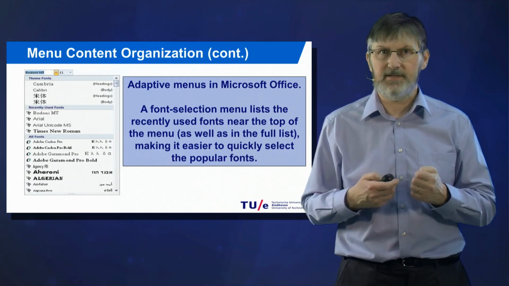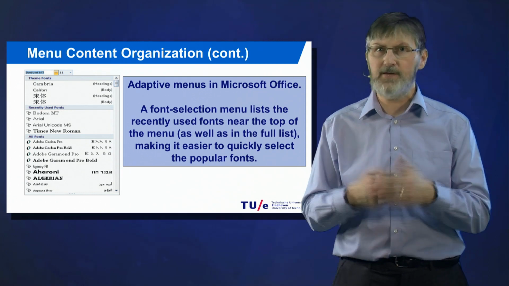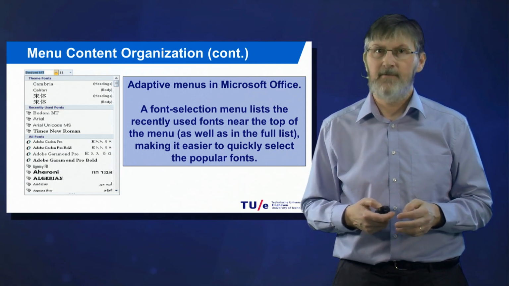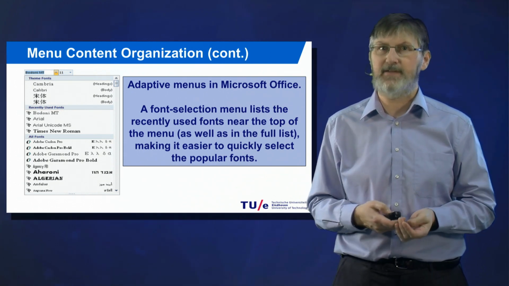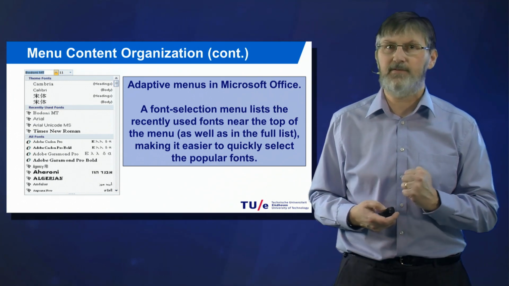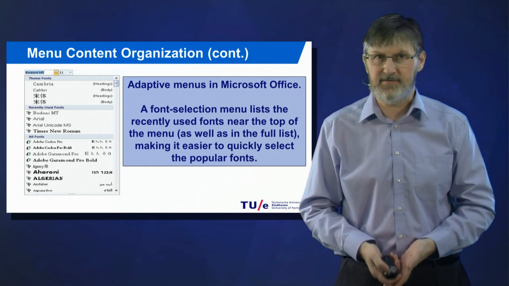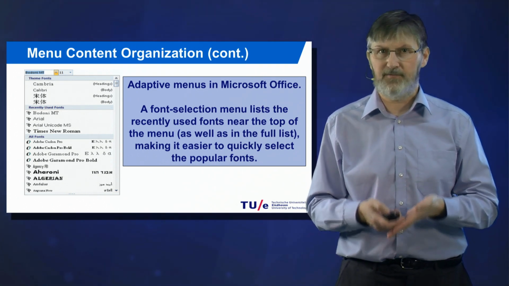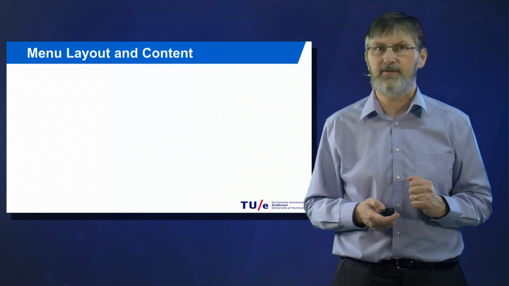The second part of the menu has fonts belonging to the theme for this document. They contain fonts that we are likely to select because they belong to the theme, even though maybe we haven't yet used them in the document. And then there is a long alphabetical list of all the available fonts, well, including the ones that already appear at the top.